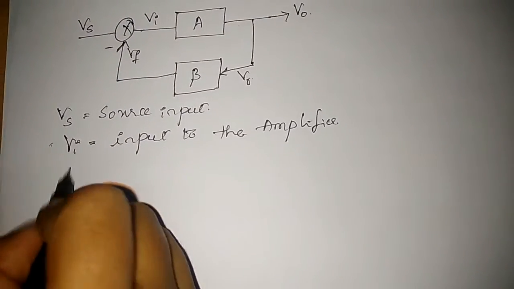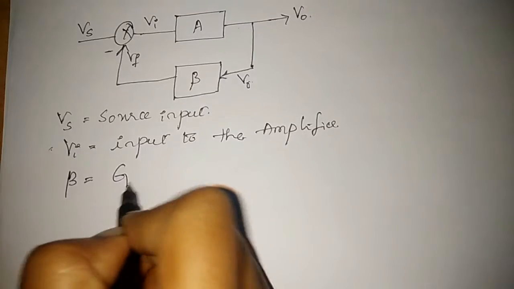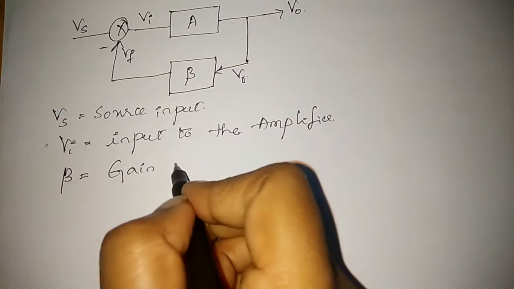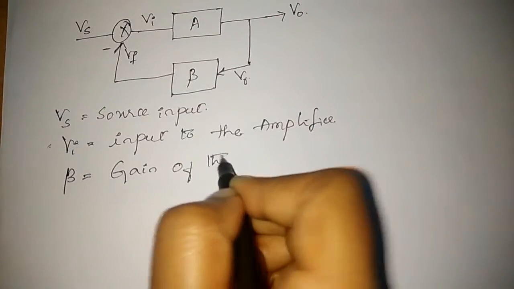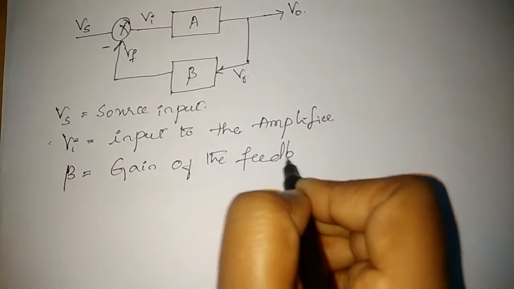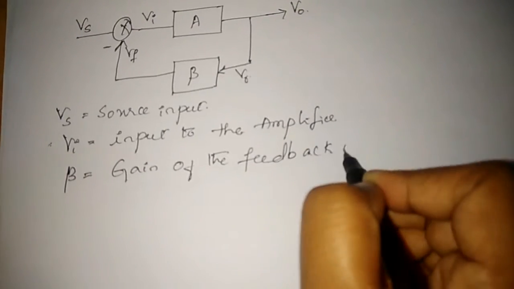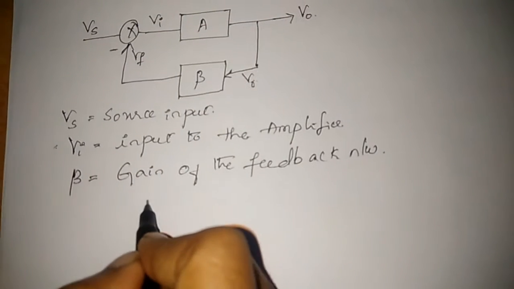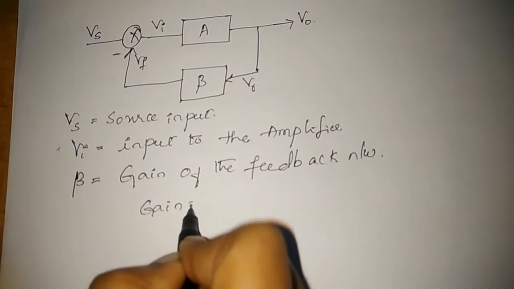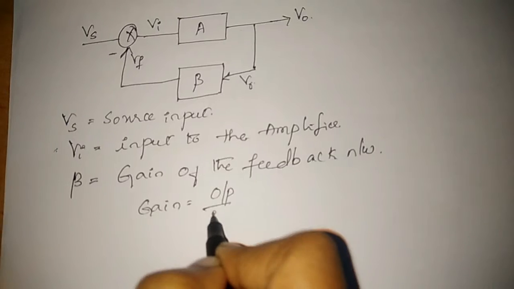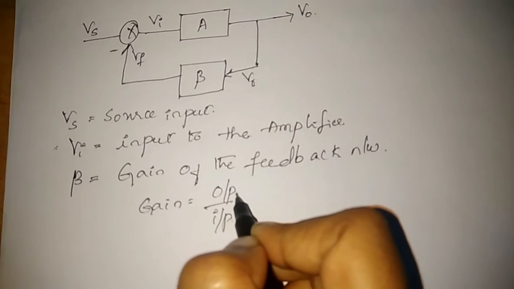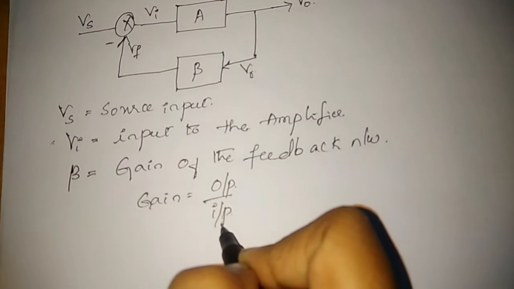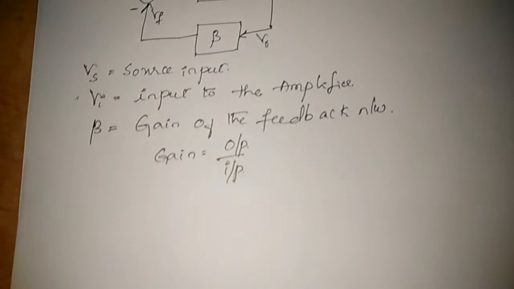Then we have beta, which represents the gain of the feedback network. Gain is nothing but output by input. Gain is always represented by output divided by input. That is the output you are getting for the given input, and that represents the gain.